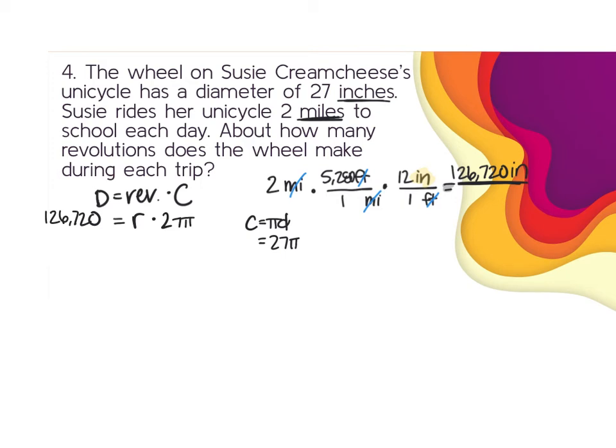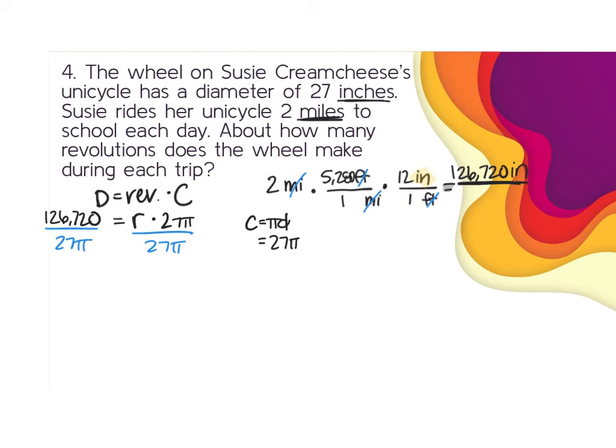And now we're going to divide both sides by 27 pi. Remember, do not do 27, use the pi key, 27 times pi until the very end. We're going to do 126,720 divided by 27 pi.